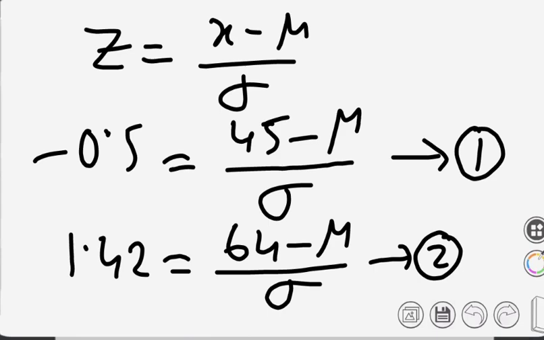So the equation is mu minus 0.5 sigma. So what are the two equations?